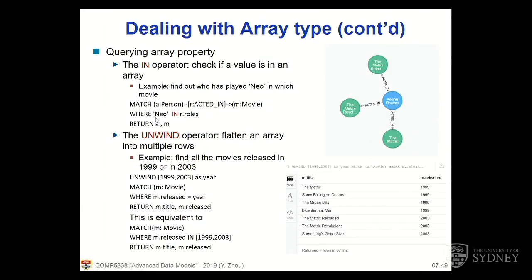And then we want to see if Neo, the particular string, appears in the property r.role. Because we need all of this, a and r and m, we give each thing in the pattern a variable name.